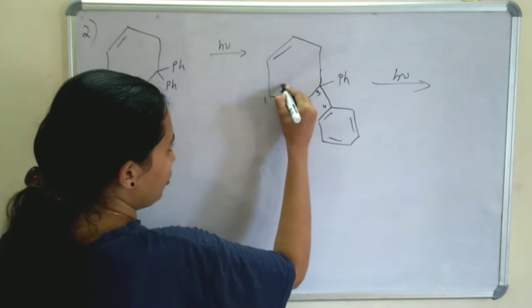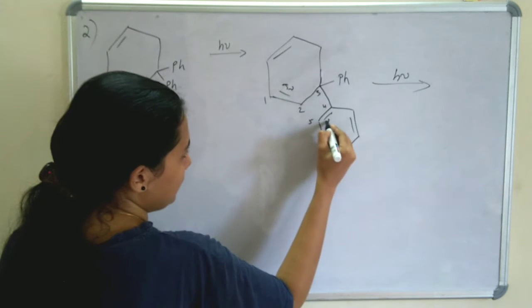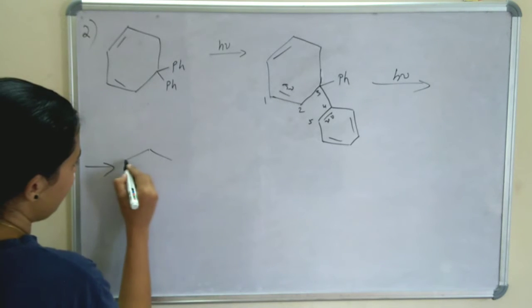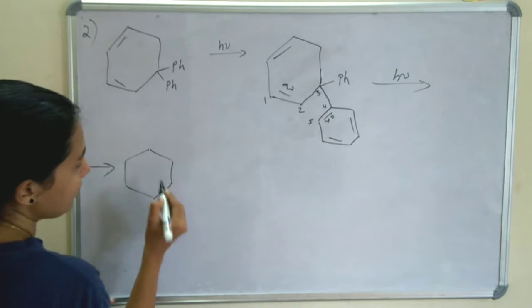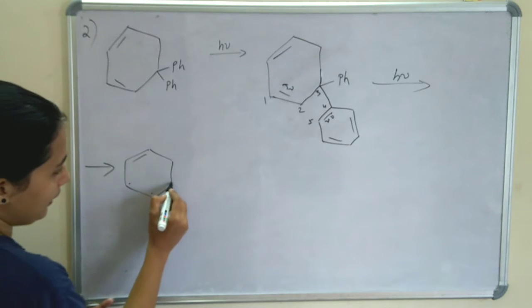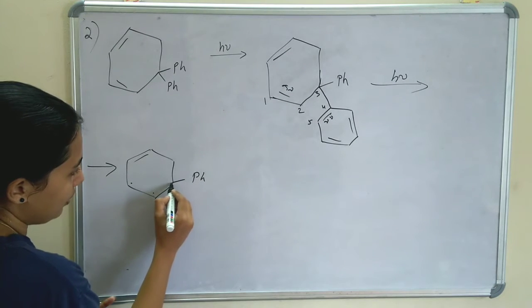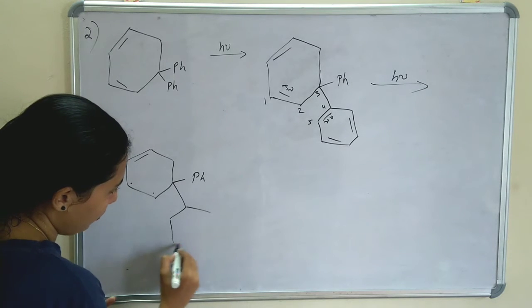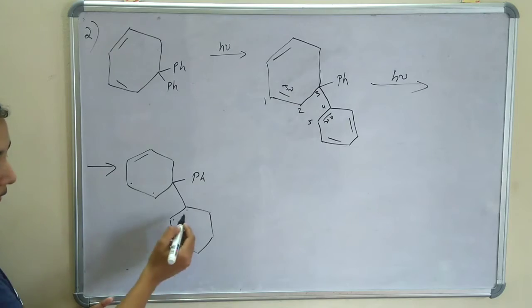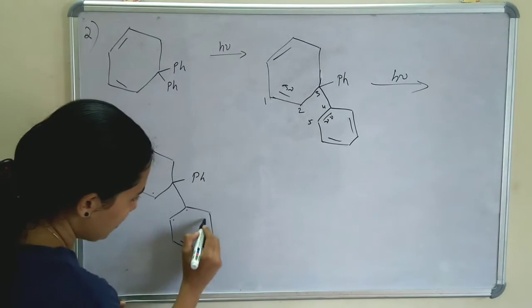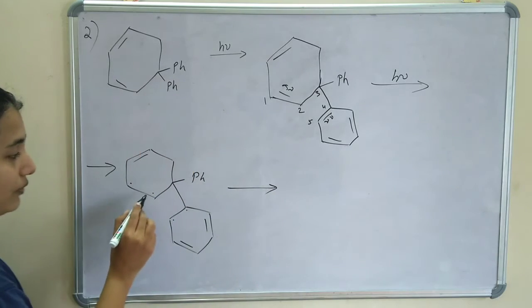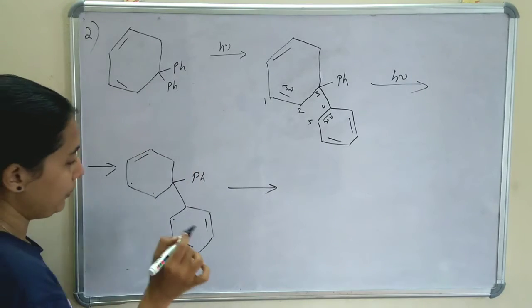So this is homolytically cleaved and this is cleaved. So we will get a cyclohexane with one double bond and two radicals here and a Ph, and this is also homolytically cleaved. So here a radical comes, here a radical comes, and these bonds are the same. Now we have to make a cyclopropane ring.